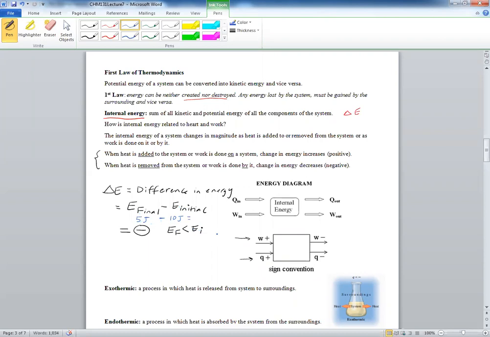I don't have to show you that. So what's 5 minus 10? That would be a negative 5. Look at the sign right there, a negative 5. So that means energy is lost by the system.